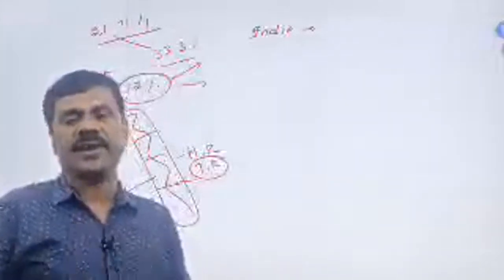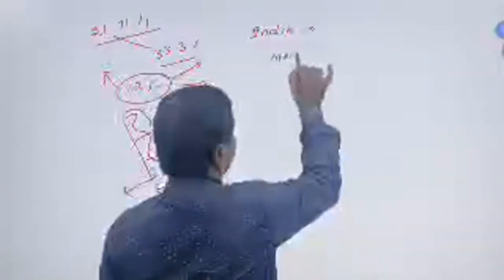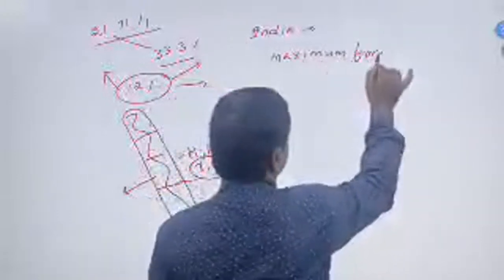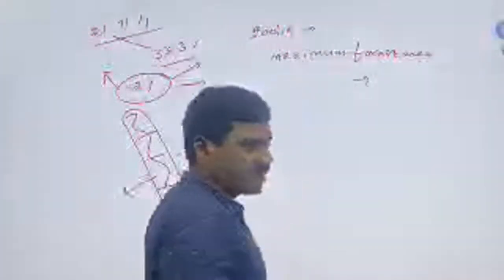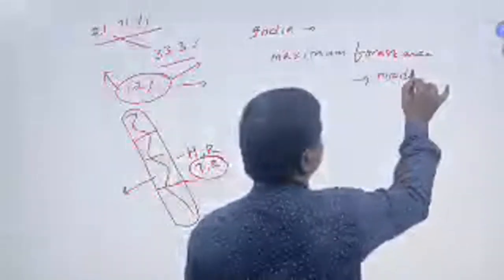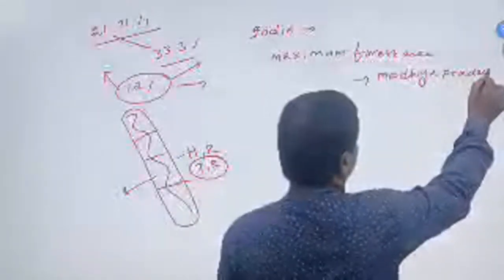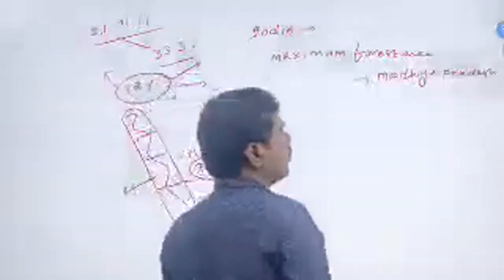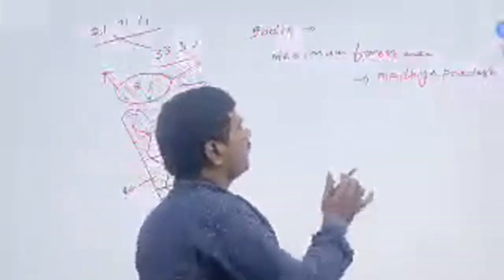The state is Madhya Pradesh, which has the maximum forest area in India, more than 77,000 square kilometers.